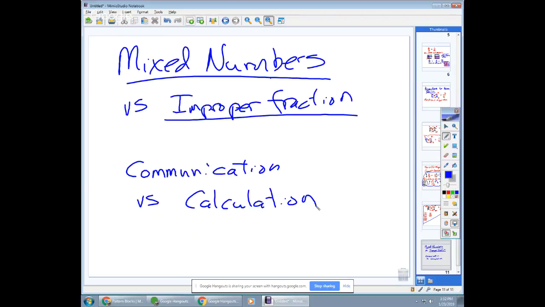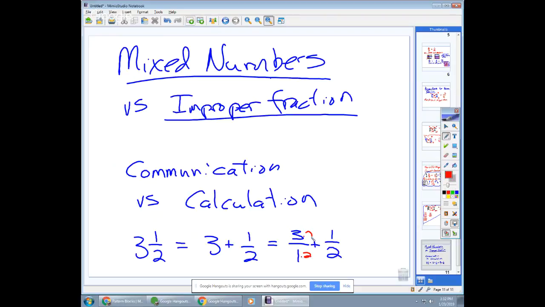Okay. So example, let's take 3 1/2, which literally means 3 plus 1/2, means I need a common denominator, which would be 2, right?